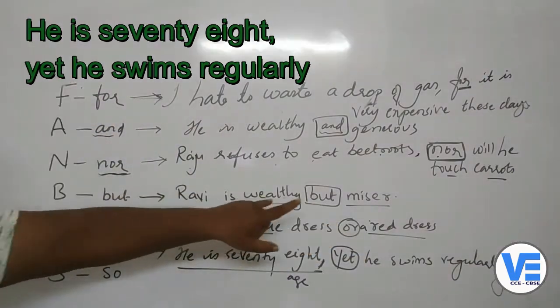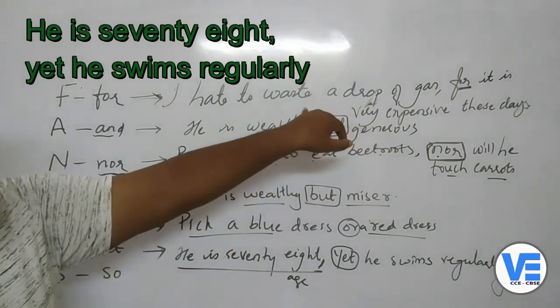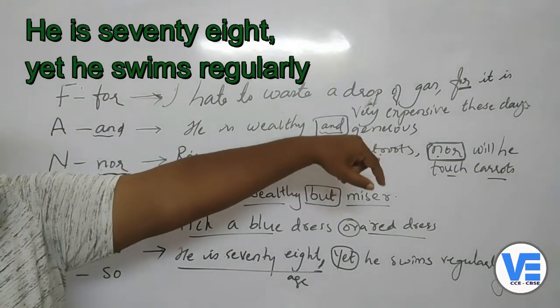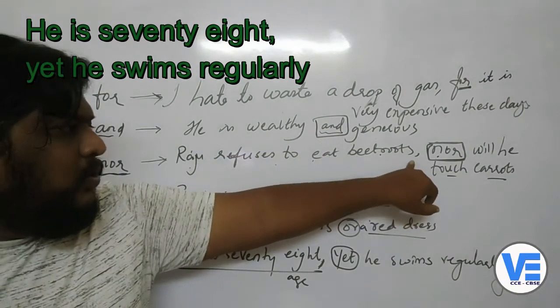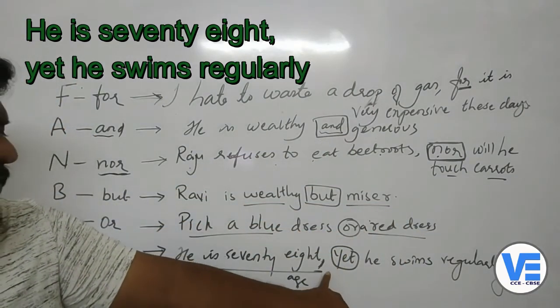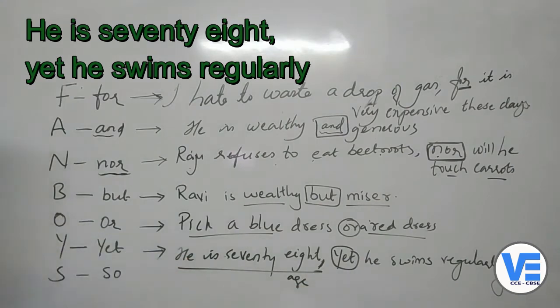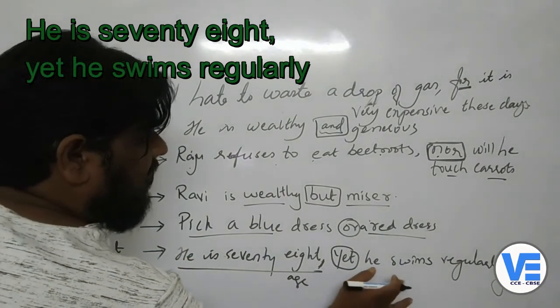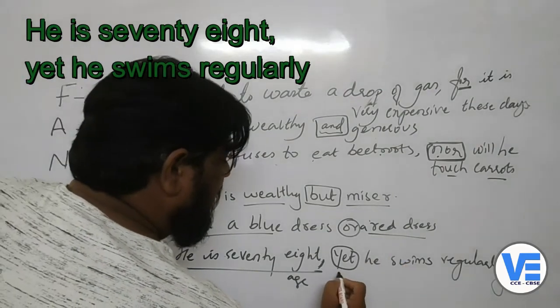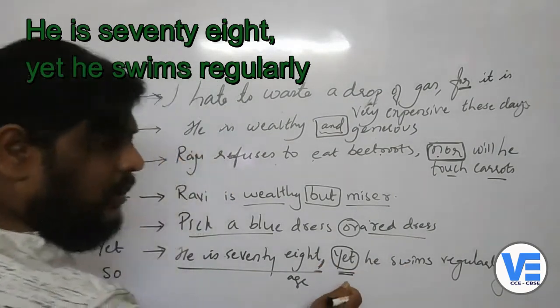Before "for" also we have taken a comma, and we did not use a comma here. And before "nor" we have used a comma, and before "yet" also we used a comma. So he is 78, yet he swims regularly. That means "yet" is a conjunction which is used over here.